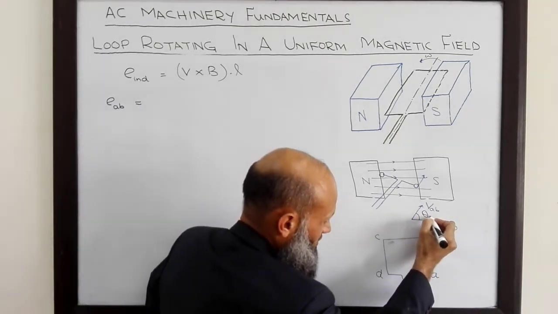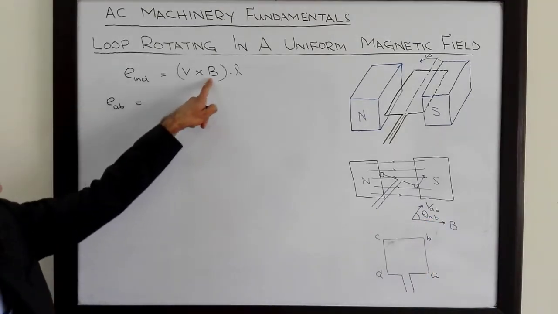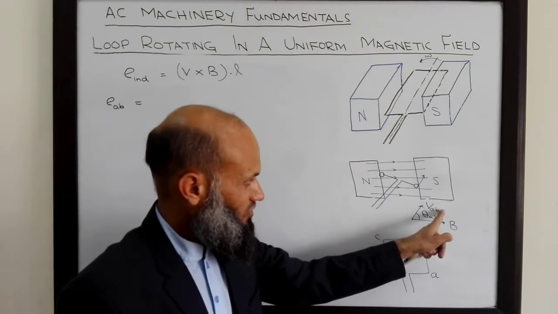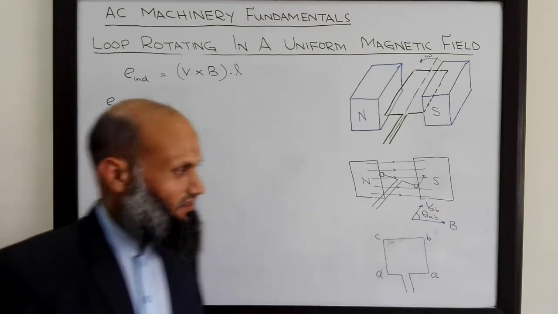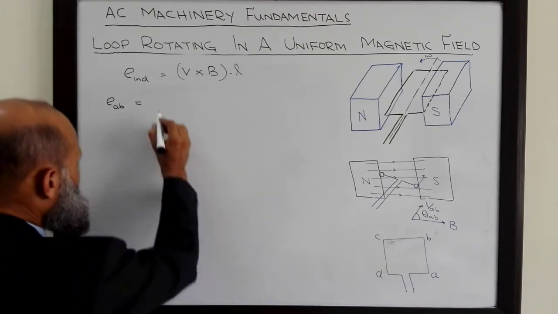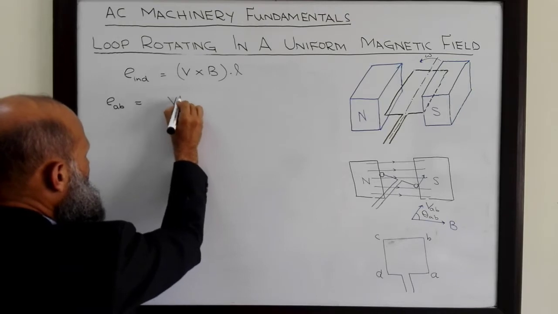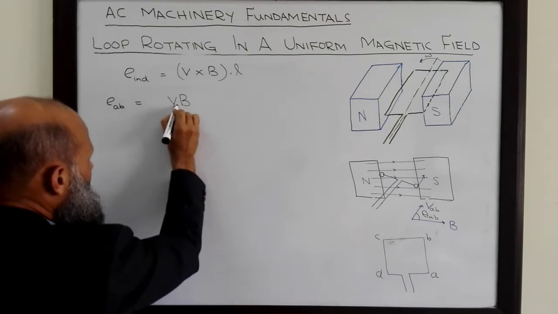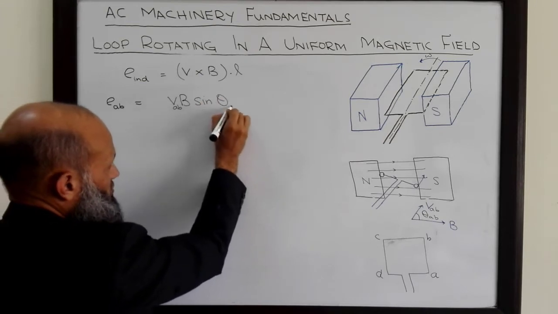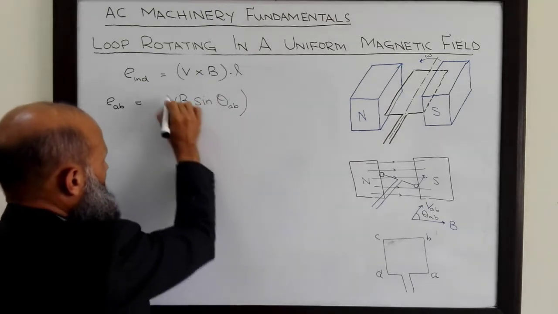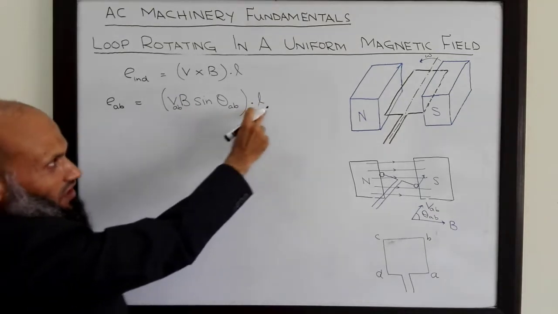Let's name this angle theta_AB. Therefore, V cross B is V_AB multiplied by the flux density B, and then the sine of the angle between the two quantities. So V cross B is V_AB B sine theta_AB, and then the dot product of this vector and the length vector.